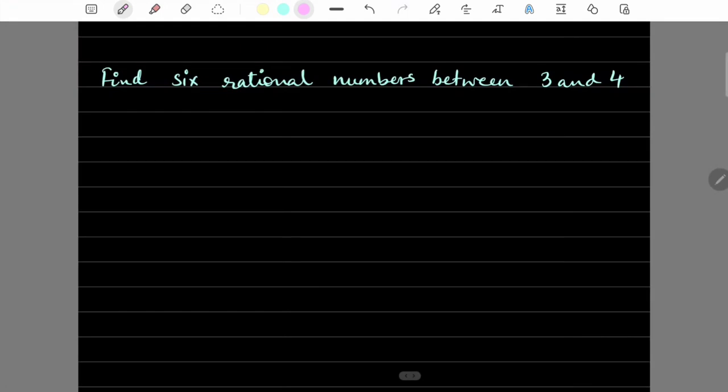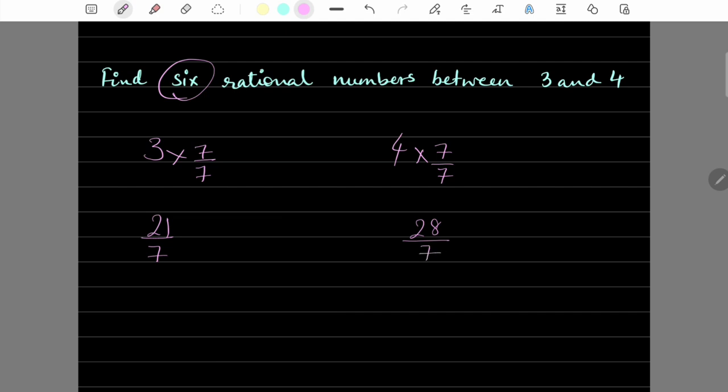Right, next. Find 6 rational numbers between 3 and 4. We just recently did 3 and 4. For 6, I can choose any number greater than that. I'll pick 7 again. So we have to multiply by 7 over 7. Previously 1 became 7 over 7; now 3 times 7 over 7 becomes 21 over 7. The next is 4, so it becomes 28 over 7.